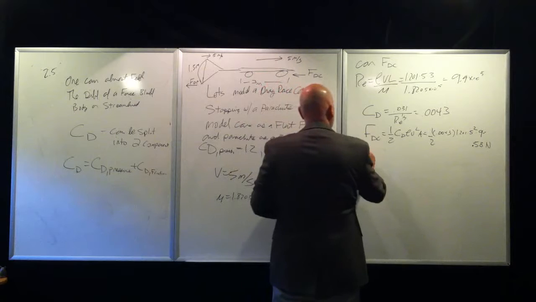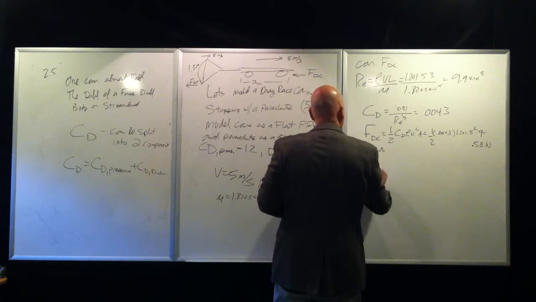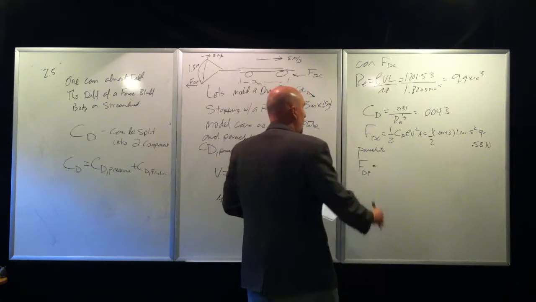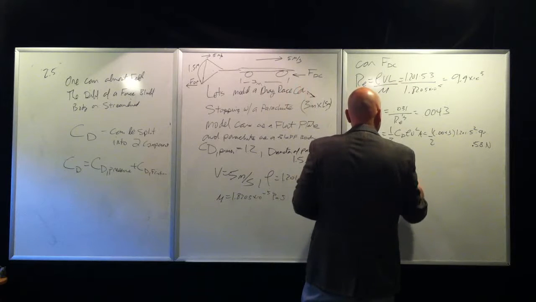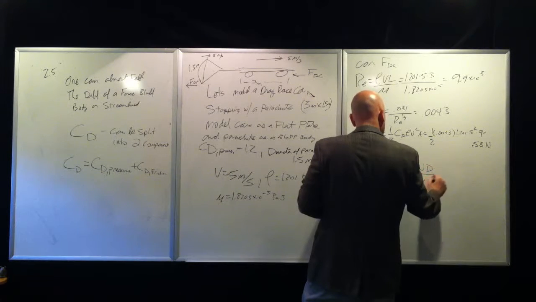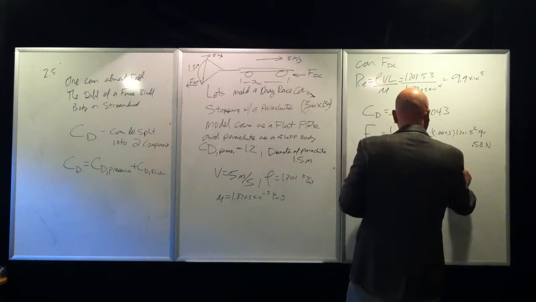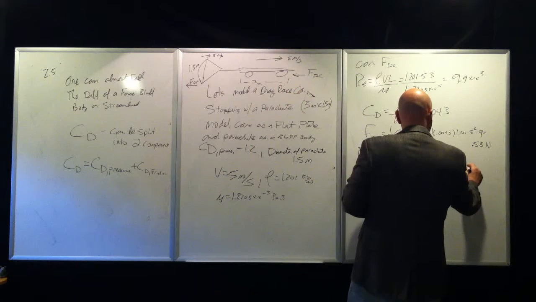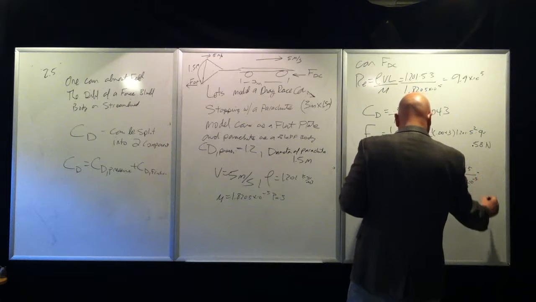Alright, well now let's calculate the parachute. First we want to calculate the Reynolds number due to the parachute, which is based on the diameter, so rho V D over mu. The diameter is 1.5: 1.201 times 5 times 1.5 over 1.8205 times 10 to the negative fifth.